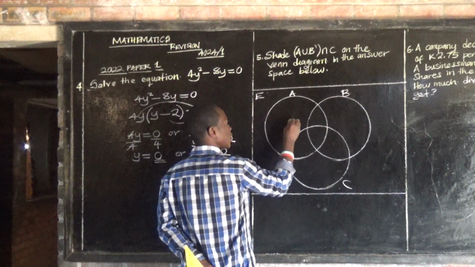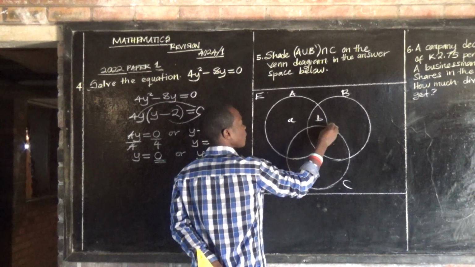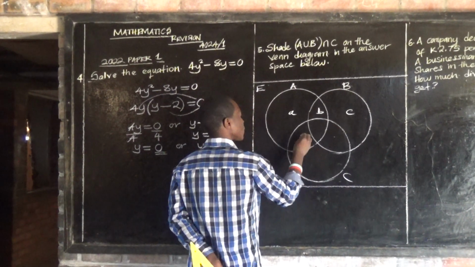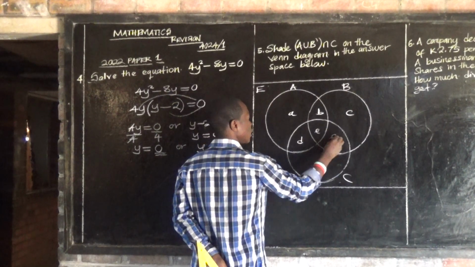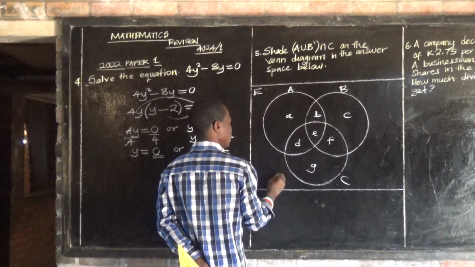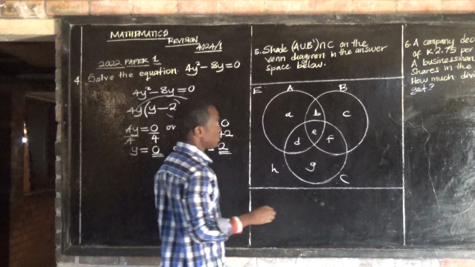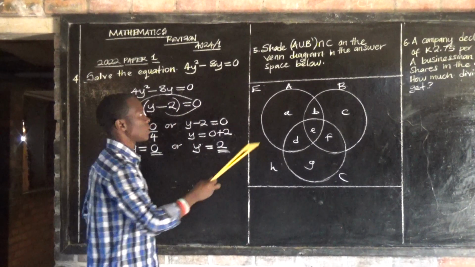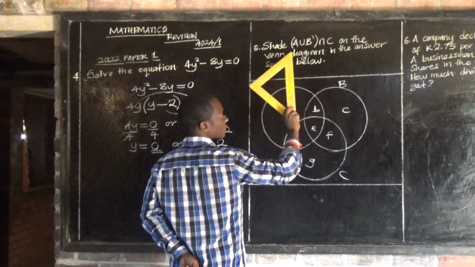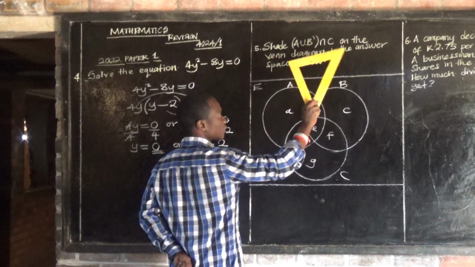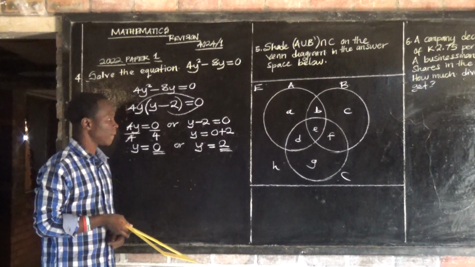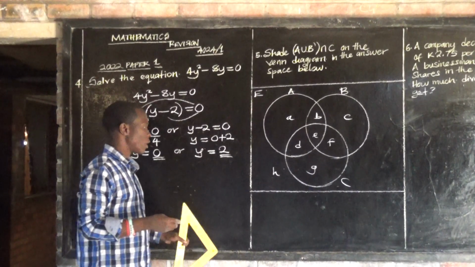So let's say I've got A, B, C, D, E, F, G, H. Let us first list this so that we can identify the part where we're supposed to shade.